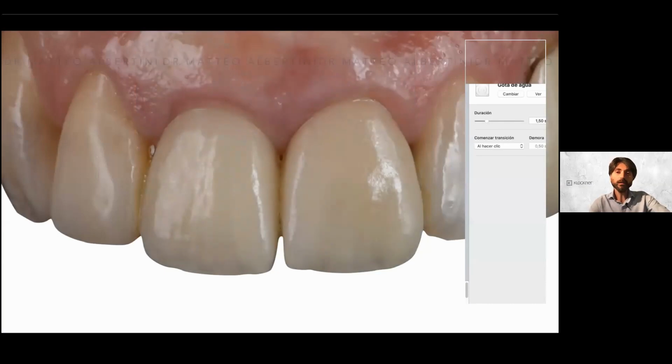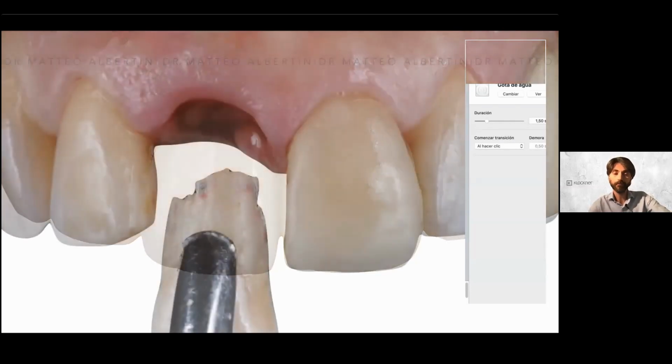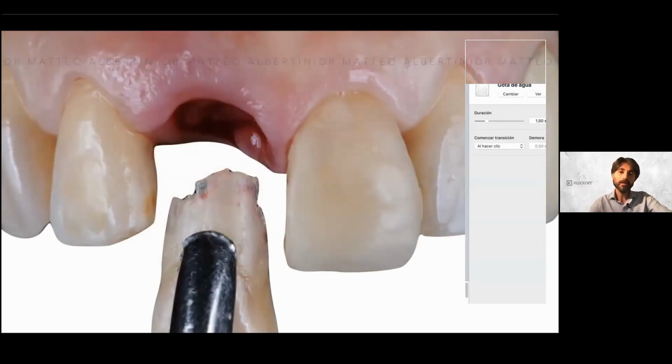But the objective of implant treatment is to give back to the patient the function and the aesthetic. So we have to know very well the biological behavior of these soft and hard tissues. And these biological changes start right at the moment of dental extraction.